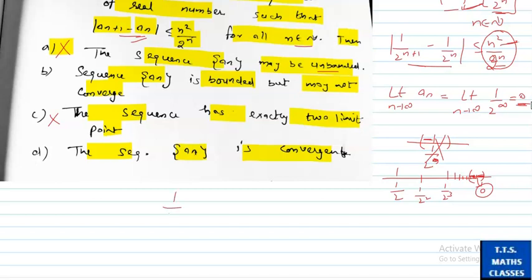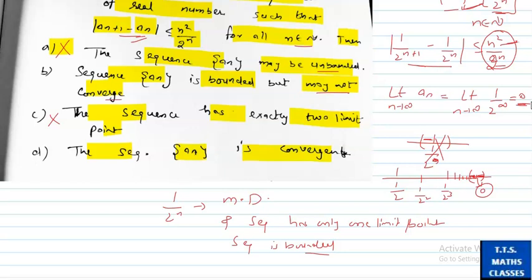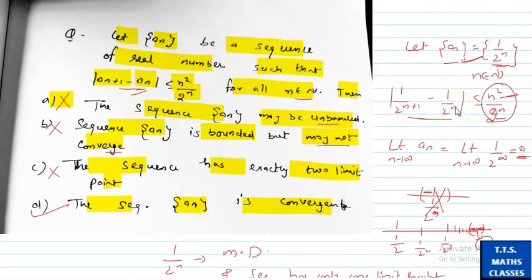The sequence is bounded, so therefore it will converge. But in option B they say the sequence may not converge, so option B is also wrong. Therefore option D is true. This is one method, by discarding the options.